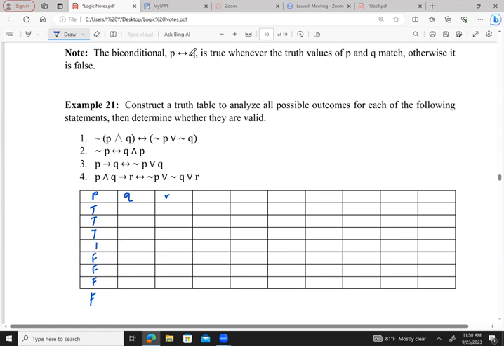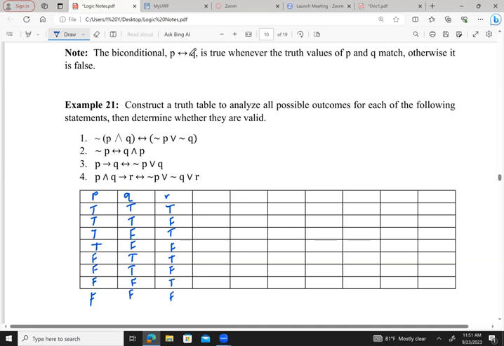Four trues, four falses. Then I have true, true, false, false, true, true, false, false. And here we just alternate: true, false, true, false, true, false, true, false.